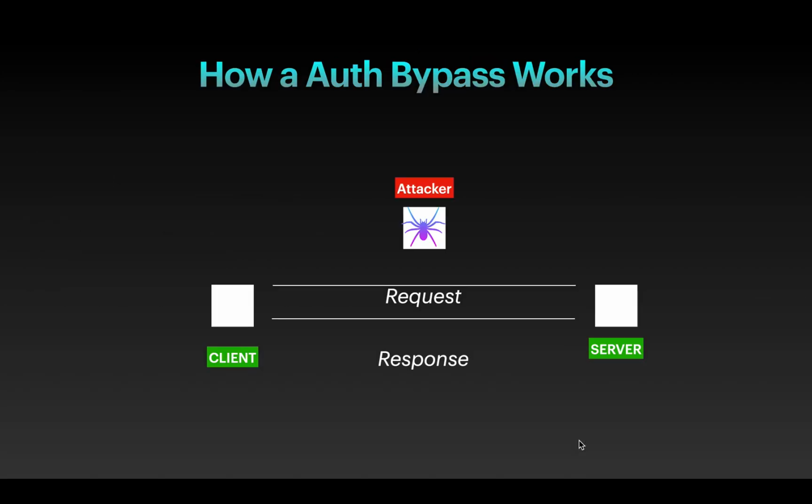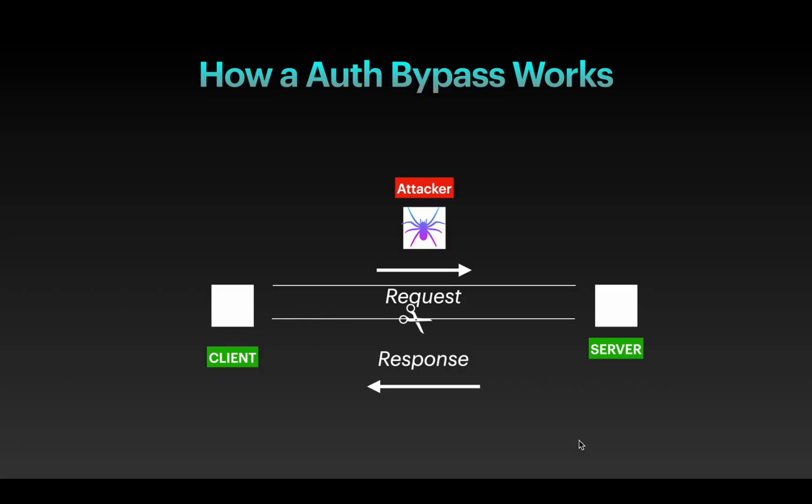So let's see how an auth bypass works. As you can see, on the client end at the left side and the server end at the right side, when the client is communicating with the server and sending a request, the server will respond to the request by sending a response.